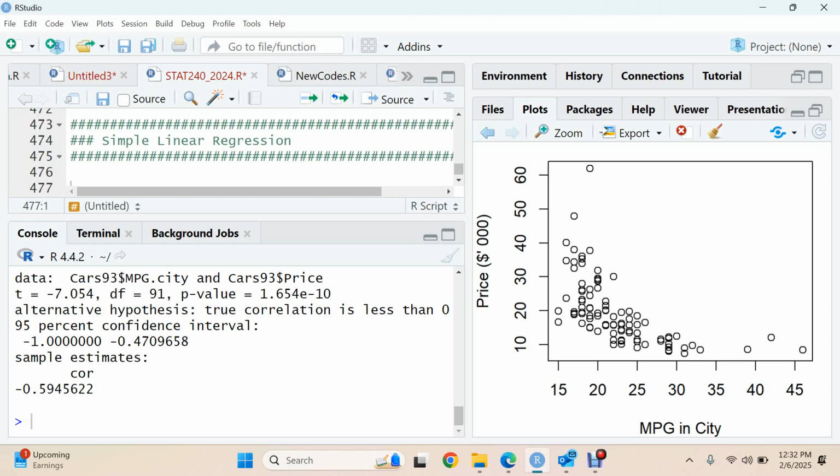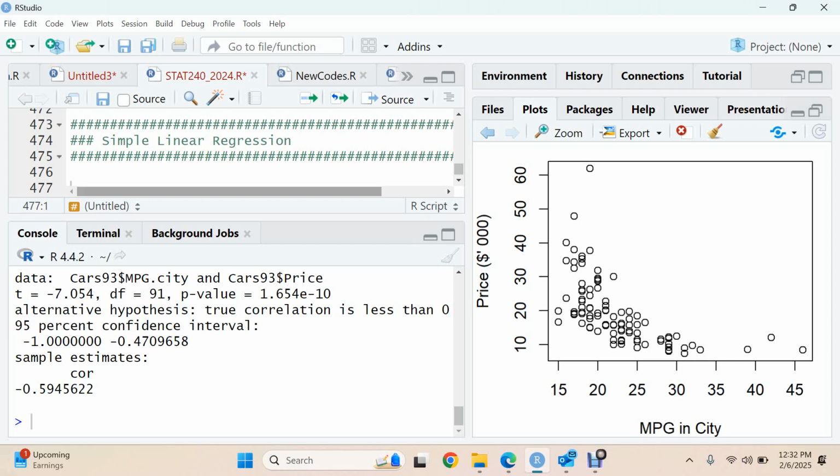If we want to be able to predict, for example, the average price of a car that has 20 mpg, then I need a linear regression, which will give me a formula for a line that can be drawn within this. Then I can use it to do prediction. So that's where we move from correlation to what? Regression. So they are related.